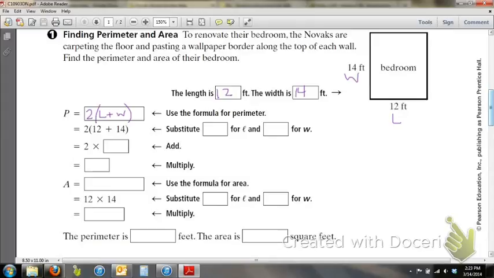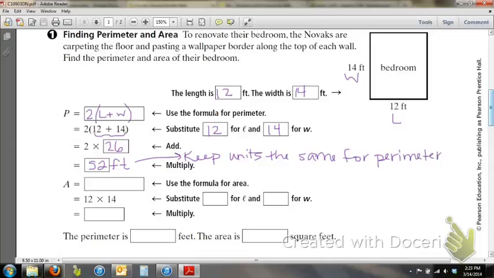I plugged 12 in for L and 14 in for W. Add up 12 plus 14, that's 26, and 2 times 26 is 52. Now we're going to say 52 feet. You keep the units the same for perimeter. Don't touch the units, but you always have to include the units.